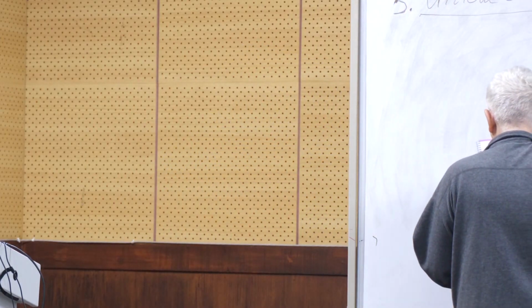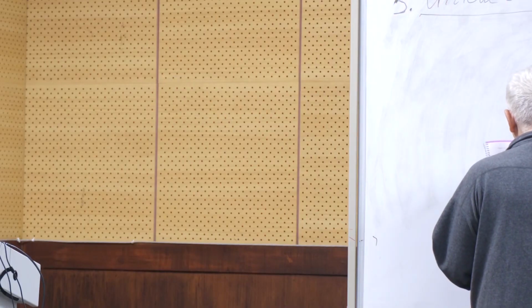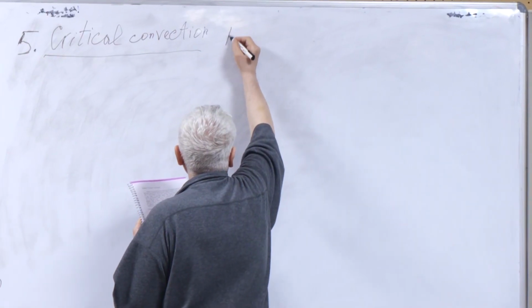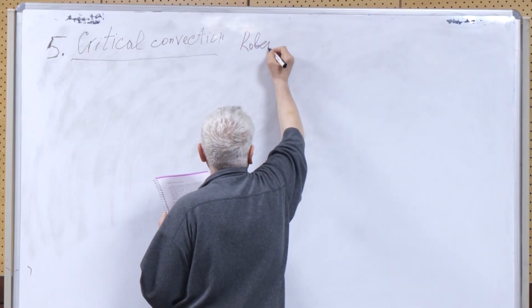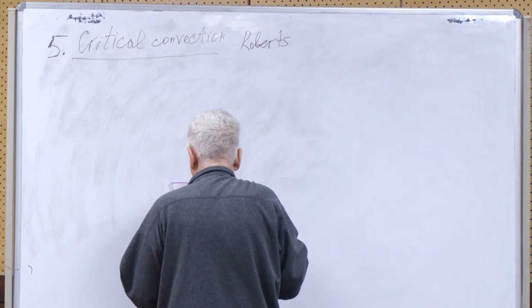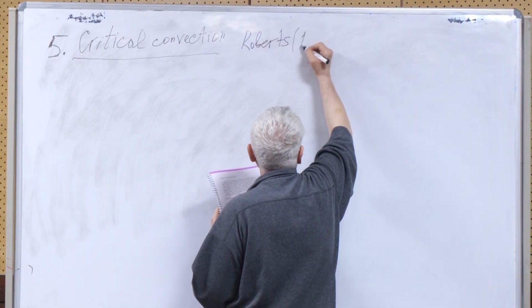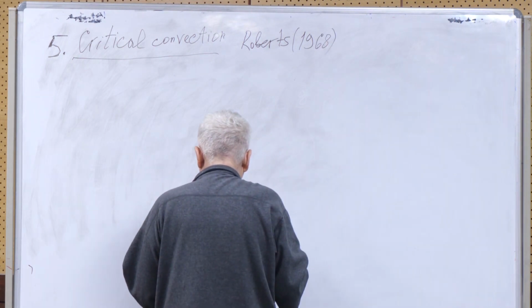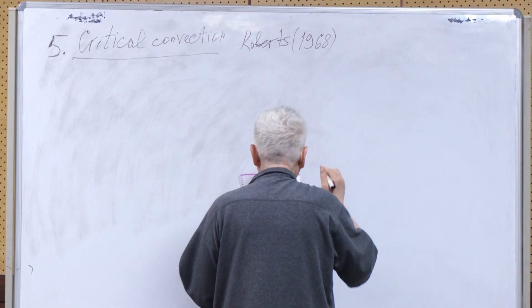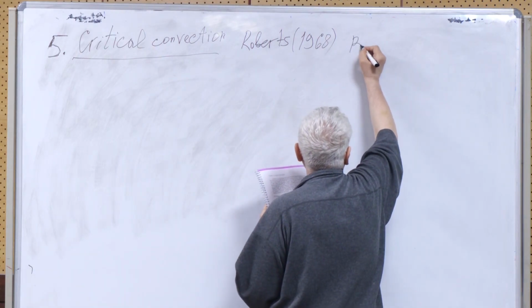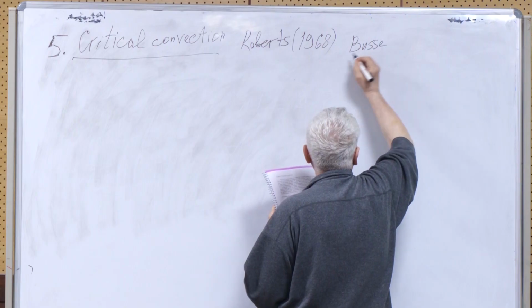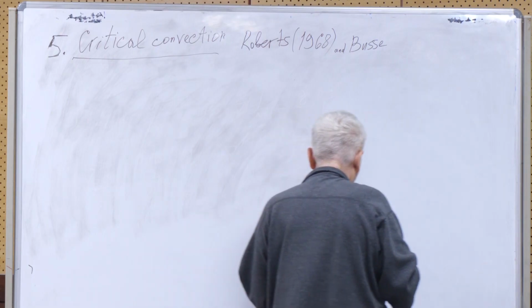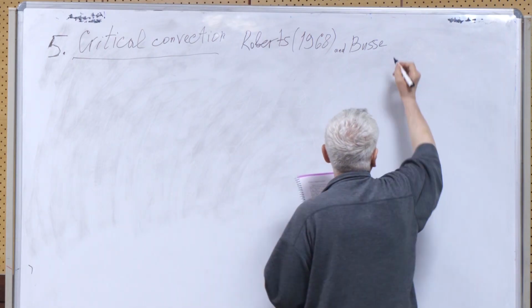So the founders of all this asymptotic critical convection approach were first Roberts, in 1968, and the second is Busse, in 1970.